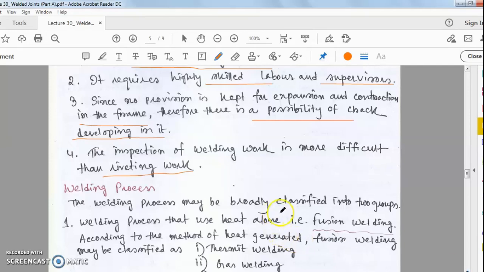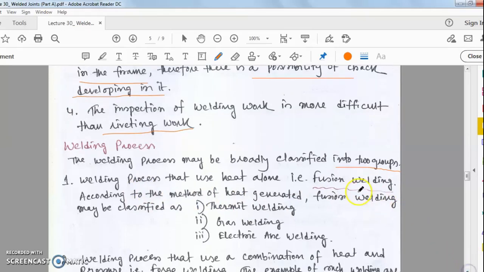Next is the welding process. The welding process may be broadly classified into 2 groups. Number 1, the welding process that uses heat alone is called fusion welding. So in fusion welding, the primary resource for joining is only heat. According to the method of heat generation, fusion welding may be classified as thermite welding, gas welding and electric arc welding.